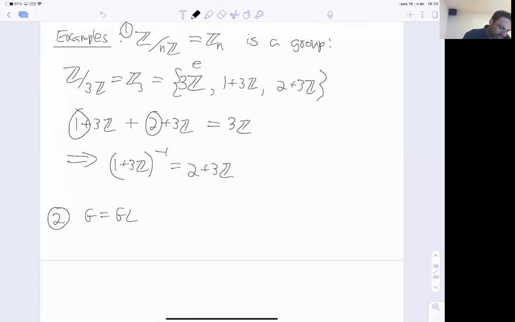We have this group with all n by n matrices with real entries, and we take its subgroup SLN. Of course, this is not an abelian group, but still this SLN is a normal subgroup, though of infinite index.